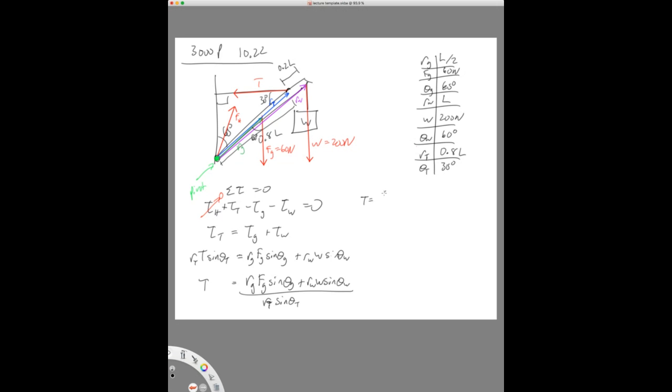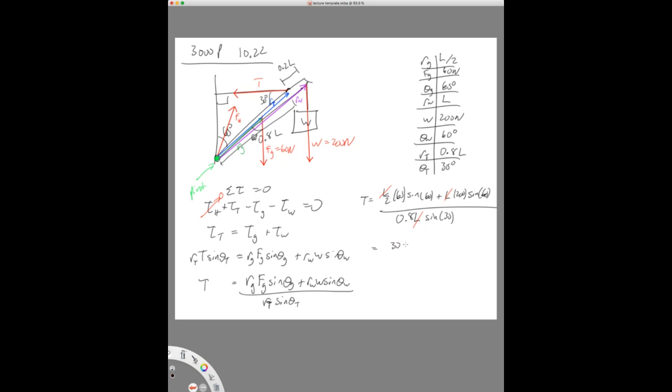We have L over 2 times 60 times sine of 60, plus L times 200 times sine of 60, all over 0.8 L sine of 30. And again, the L's cancel, leaving a 1/2 times 60 sine of 60, and then a 200 sine of 60.